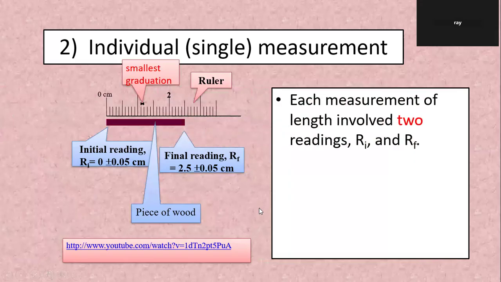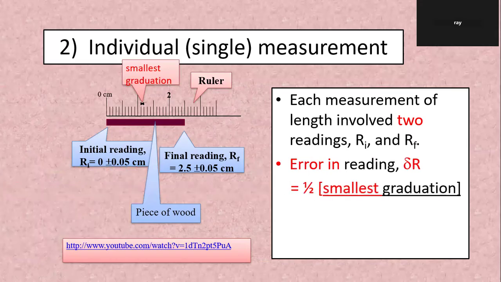So each measurement of length involves two readings, initial reading and final reading. Error in reading is half the smallest graduation. What is graduation?